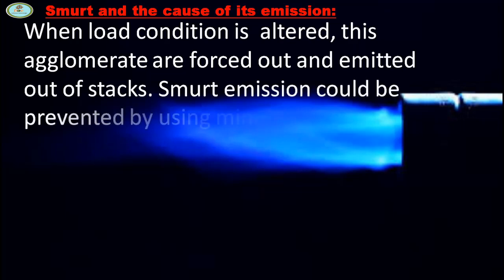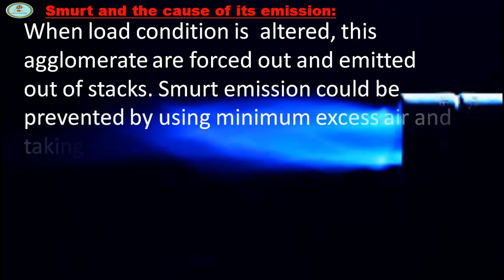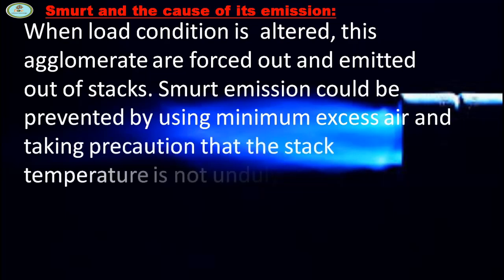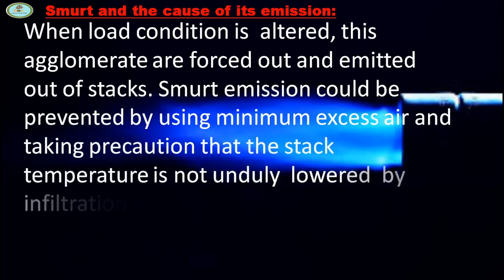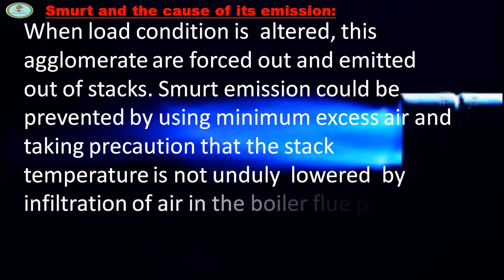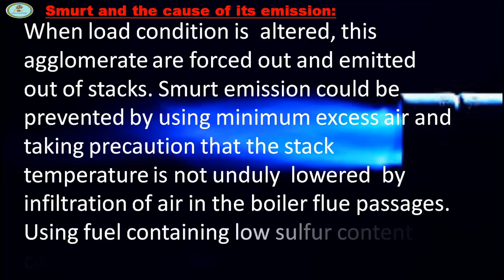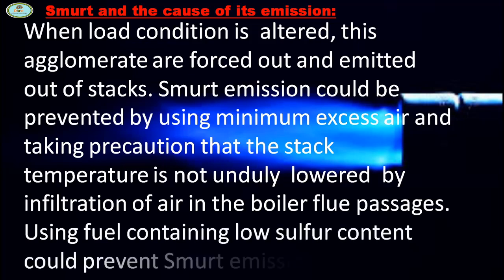Smoke emission could be prevented by using minimum excess air and taking precaution that the stack temperature is not unduly lowered by infiltration of air in the boiler flue passes. Using fuel containing low sulfur content could also prevent smoke emission.